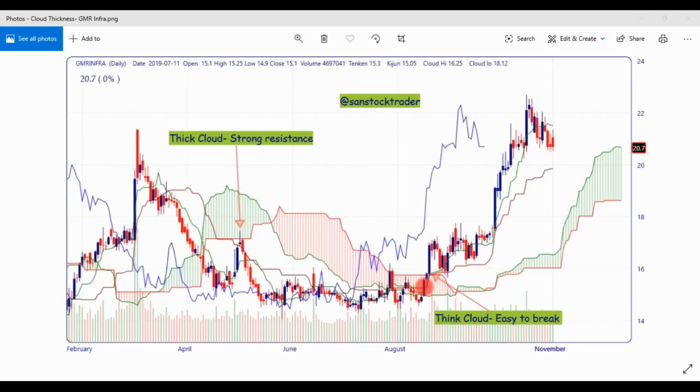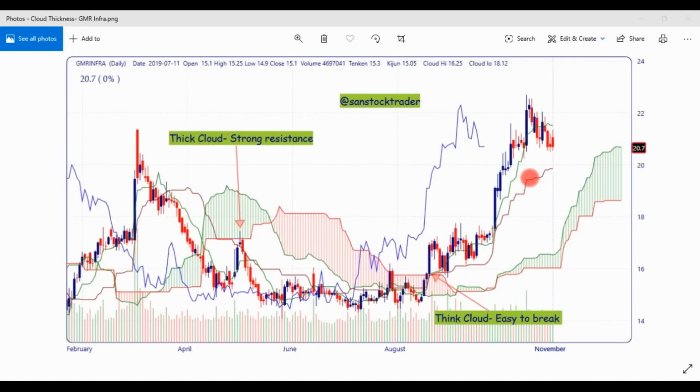Again, price entered into the cloud resistance, but this time the thickness of the cloud was very thin compared to the previous cloud. And as I said, when the cloud is thin, it is easy for buyers to penetrate, and exactly the same thing happened here. After just breaking the cloud, we get a nice pullback toward the Kijun and follow-through buying happened.